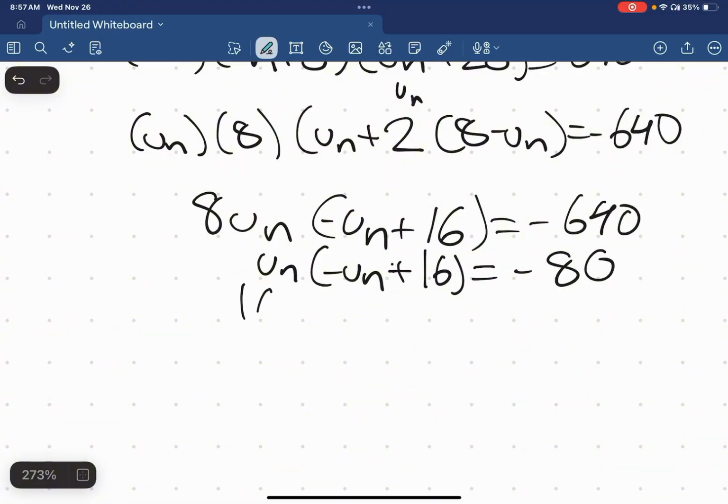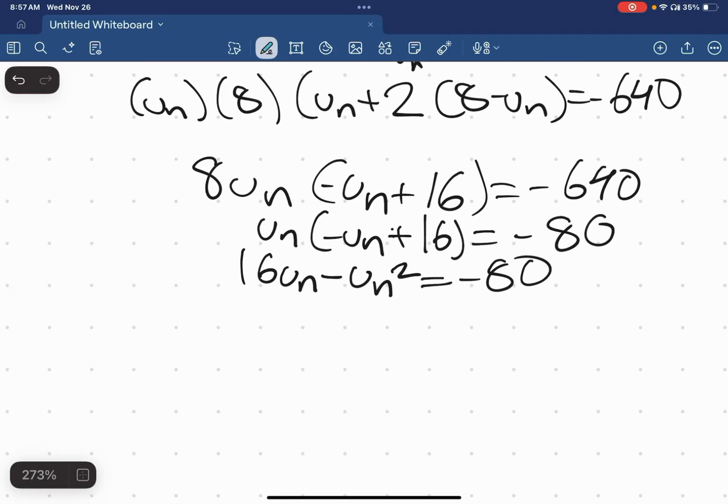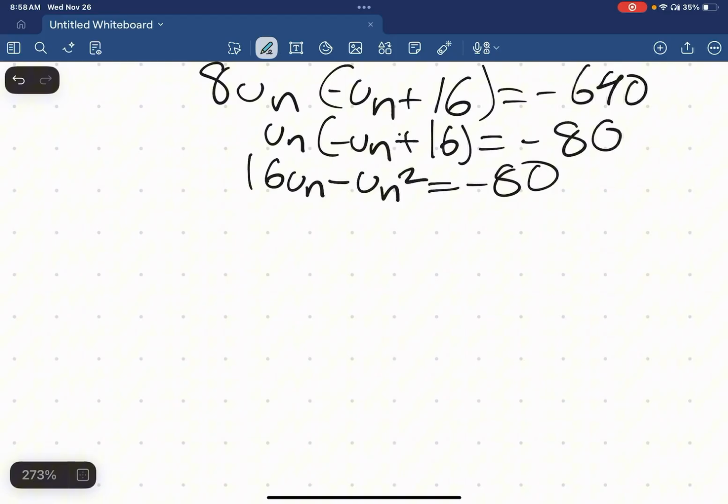We get 16 un minus un squared is equal to negative 80. Let's create a quadratic equation by adding 80 to both sides and then dividing the entire thing by negative 1 so we can make the un squared positive. So then we get un squared minus 16 un minus 80 is equal to 0.